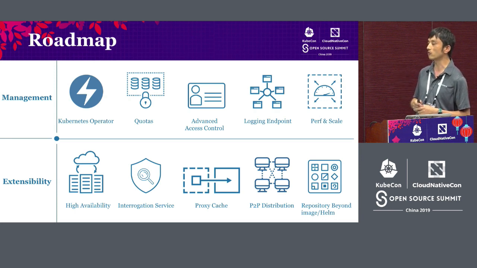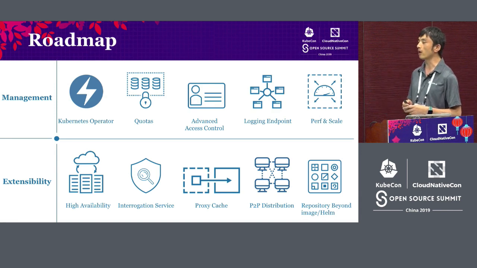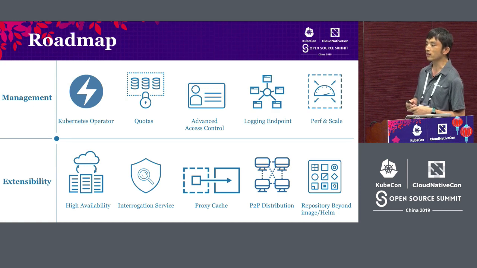We will use a configuration mechanism to log it in places where users want, and then is scalability and performance. We will do verification testing to identify vulnerabilities and to improve it, and then ensure scalability. As to extensibility, one is the HA.